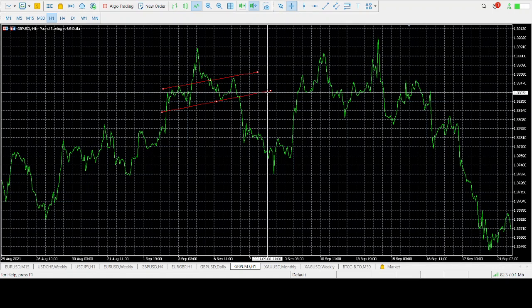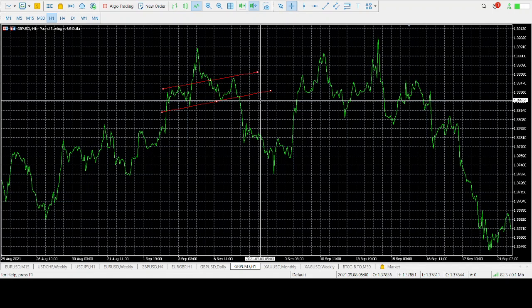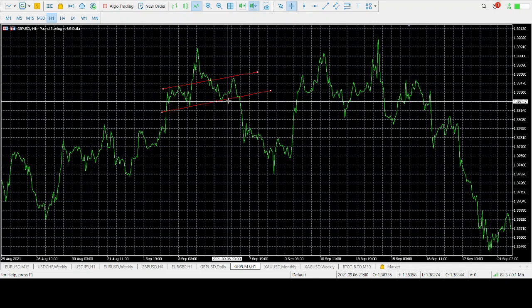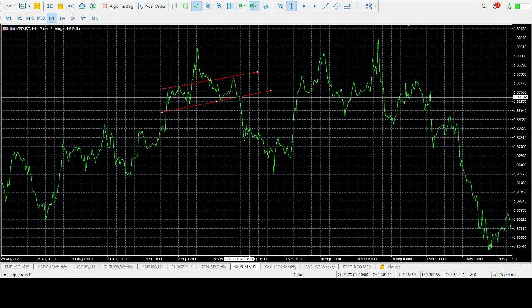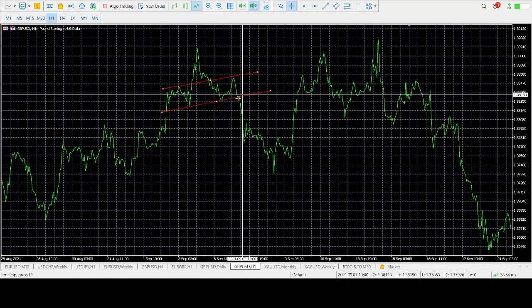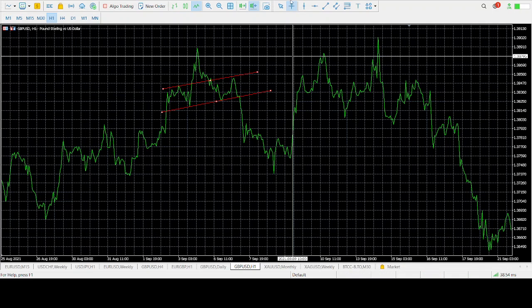The way you trade it is to place an order around here, just below this previous bottom, and below the neckline, of course. And you would put stop loss somewhere around here, so just above the previous bottom and just around the neckline.